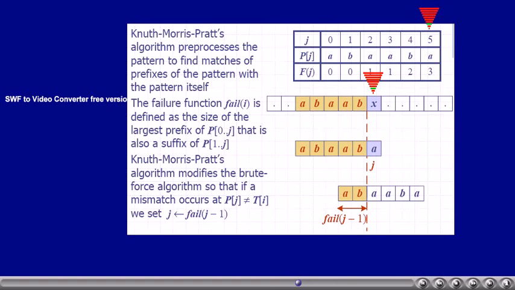There is a mismatch. Now, if we verify the characters before x, there are some characters like AB matching in the string P. So we want an intelligent jump instead of the brute force technique, in which the search is carried out by shifting the i value by one character and continuing the search.